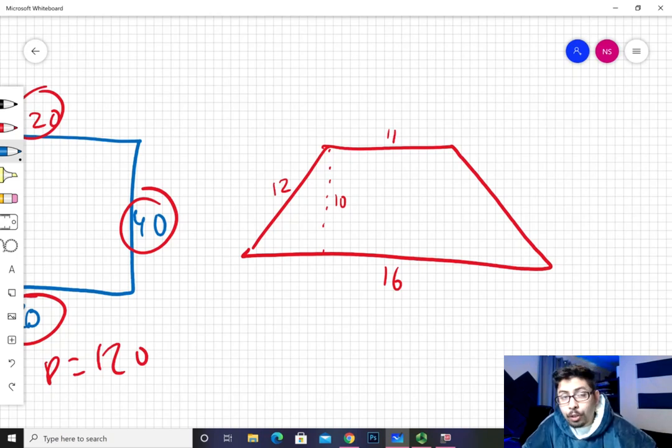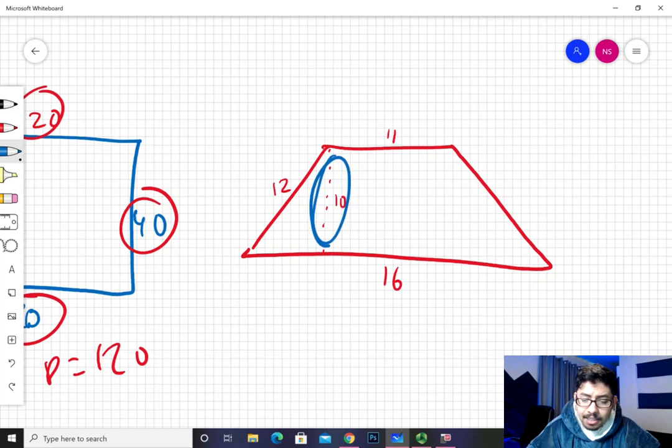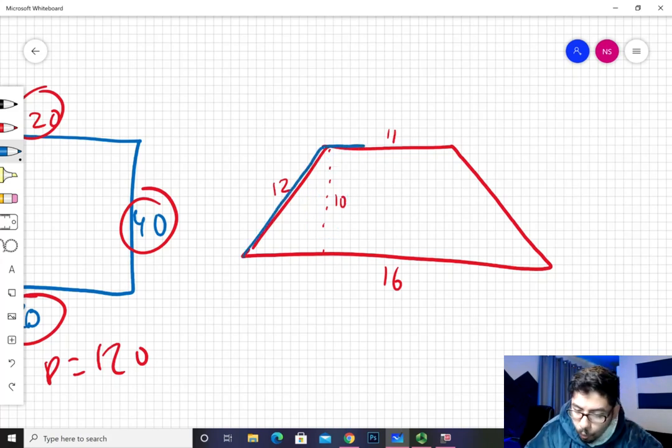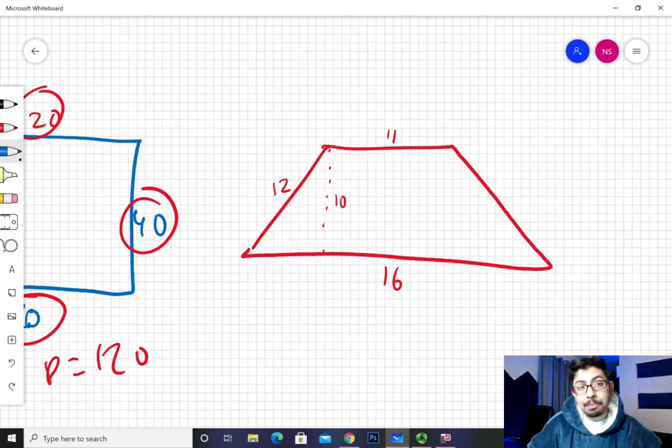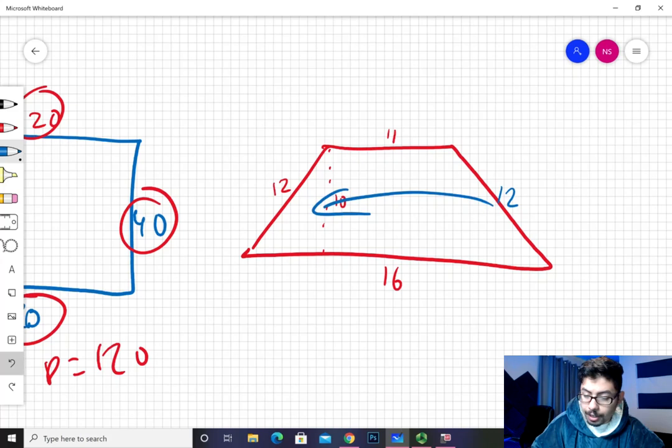But if they asked for the perimeter, this 10 doesn't mean anything to us, because to find the perimeter, all we need to do is add all the sides from the outside. So you got to add this 12 plus this 11 plus, if you don't see a number in these type of examples, you got to know it's the same as the opposite side. It's 12, right?